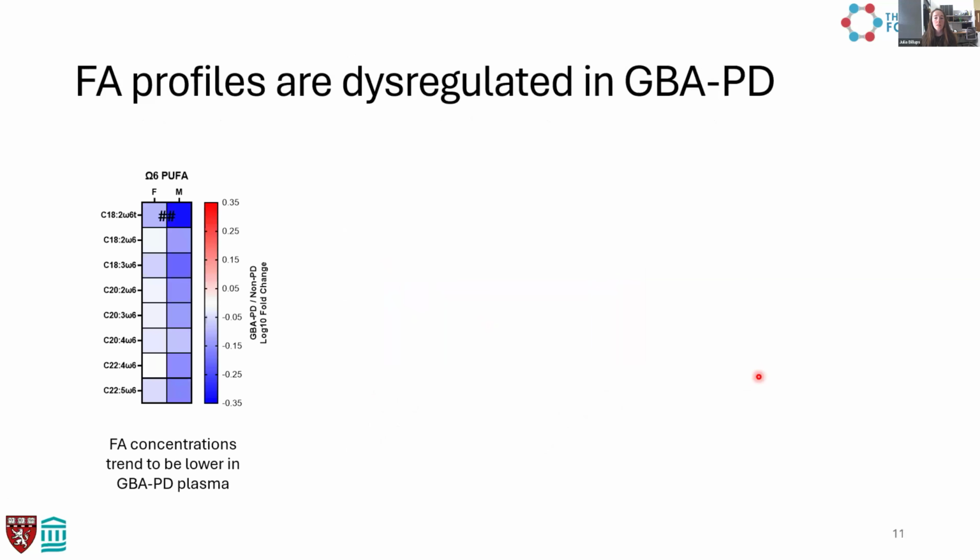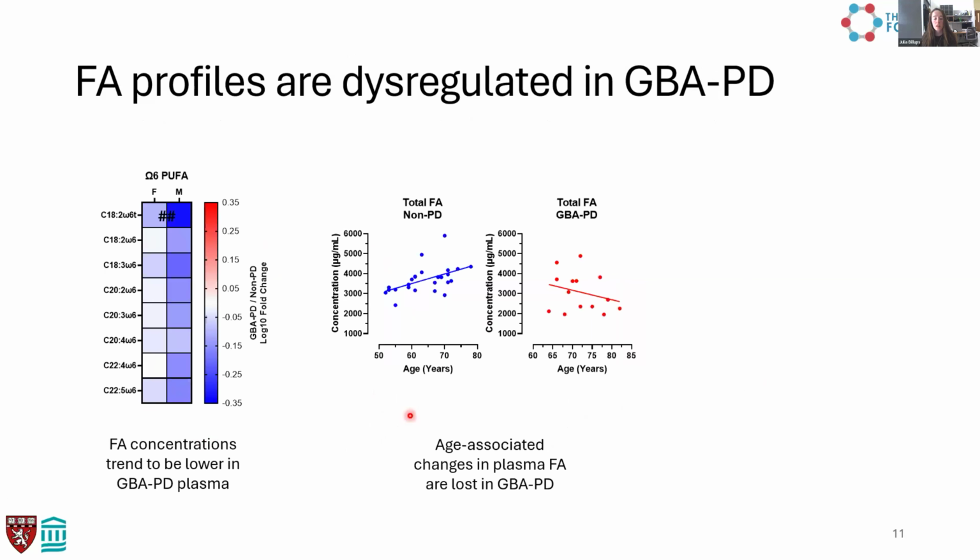And just to summarize the preliminary results so far, we see this trend for lower fatty acid concentrations in males with GBA-PD. We found that the age-associated changes that are normally occurring with total fatty acids over time are lost in GBA-PD.